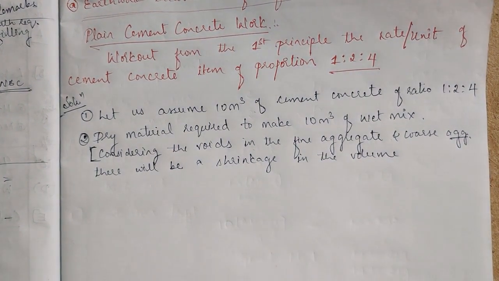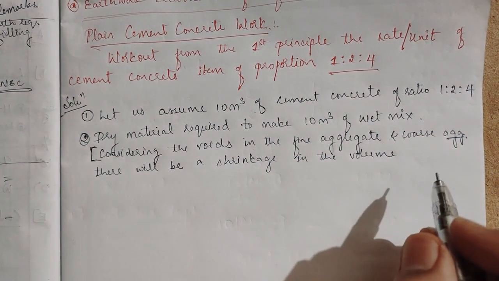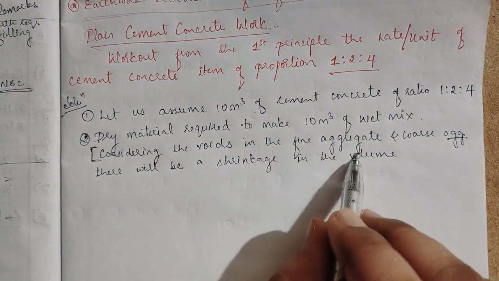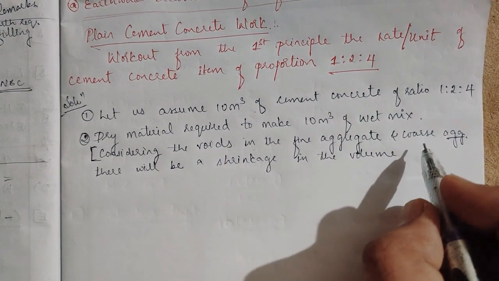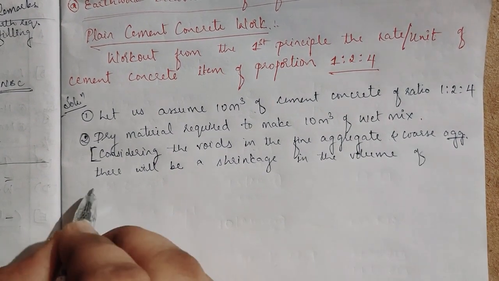These are the items we need to take care of. Consider the voids in the fine aggregate and coarse aggregate. There will be a shrinkage in the volume of mixed concrete.